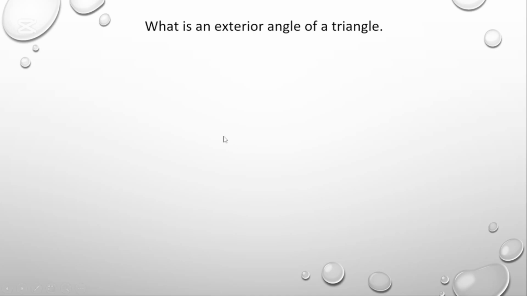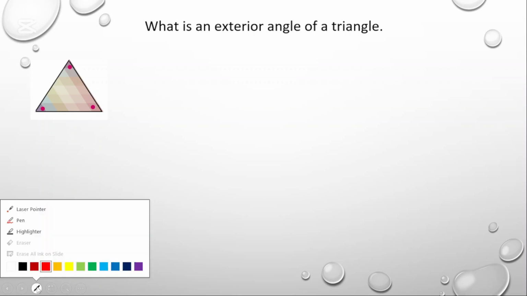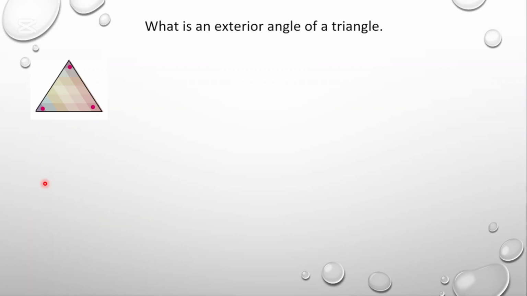Let's look at this. First of all, I have a triangle over here. So here we have the three sides of the triangle, and this part is the interior part of our triangle. These three angles over here, they are the interior angles, right? The interior angles.